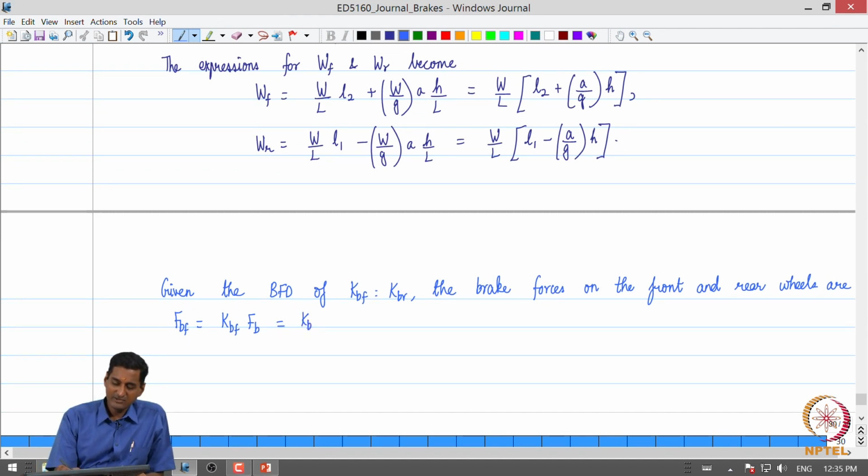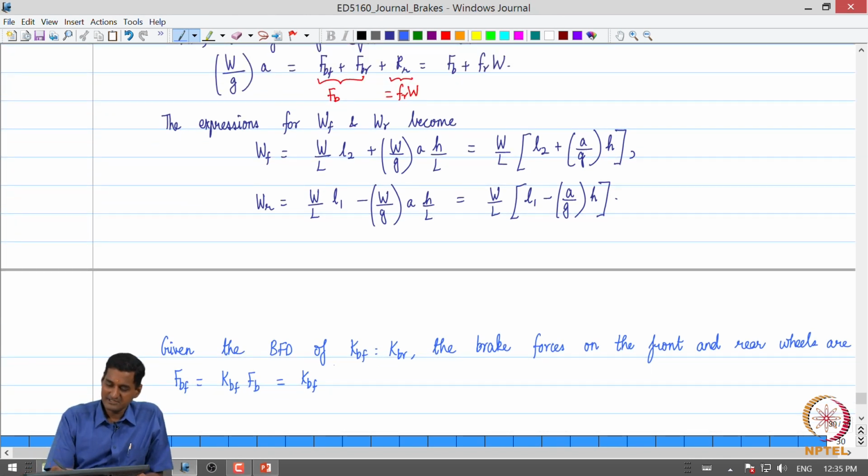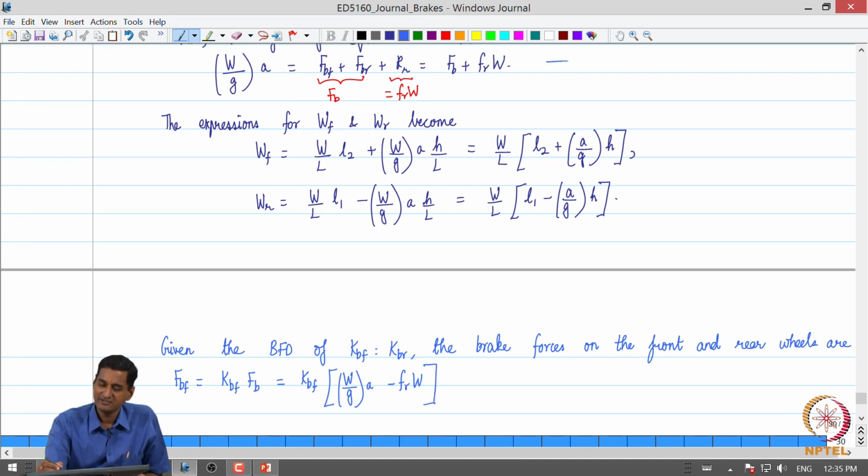Now we substitute for FB. Where do I substitute for FB? From this equation. So, I will get KBF W by G A minus FRW. How did I get this equation? From here, I use this equation to substitute for the net braking force.